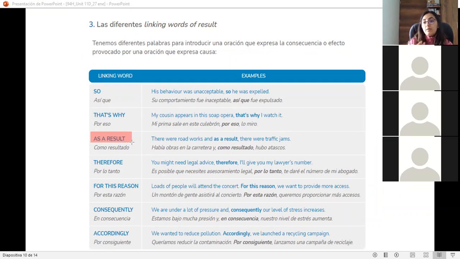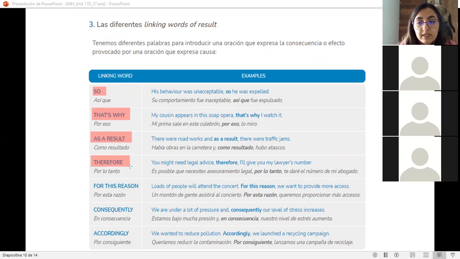Hay otras frases que también podemos ocupar o pueden permitirnos introducir la consecuencia o el resultado de algo. Y esas palabritas son, por ejemplo, so, que significaría así que, that's why, ¿sí? Esa es la razón por la que, o that's why would mean also por eso.